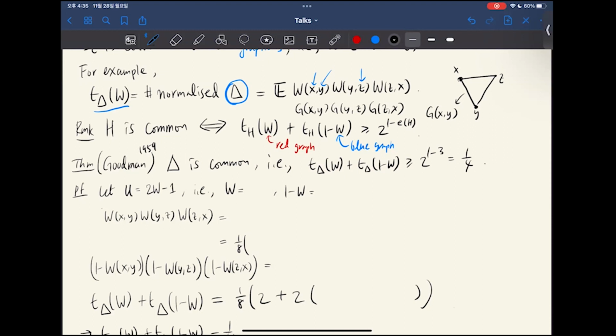So to prove this, let me just reparameterize these functions a little bit. If I let U be 2 times W minus 1, then what happens is W is (1 plus U) over 2, right?